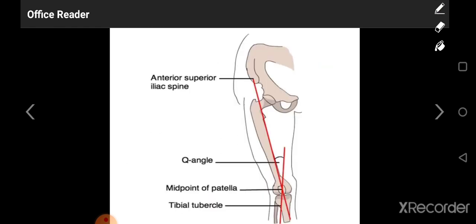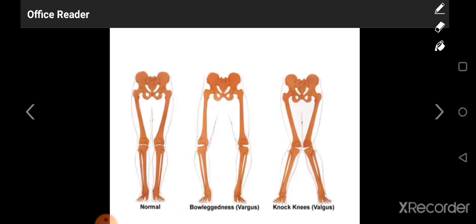So here we can see the Q angle. The first line is from the anterior superior iliac spine up to the midpoint of patella, and the other line is from the center of patella up to the tibial tuberosity. The angle between these two intersecting lines is the Q angle.